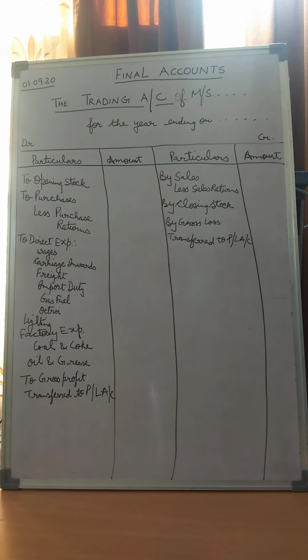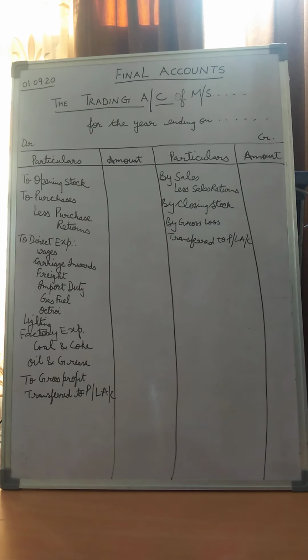Now children, this is the specimen of how a trading account is made. Trading account of Messrs. So and so for the year ending on dash dash dash. On the debit side, children, we have particulars and amount, and on the credit side we have particulars and amount.